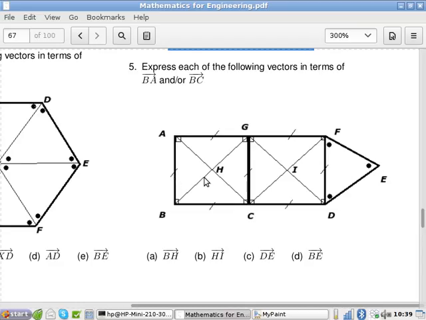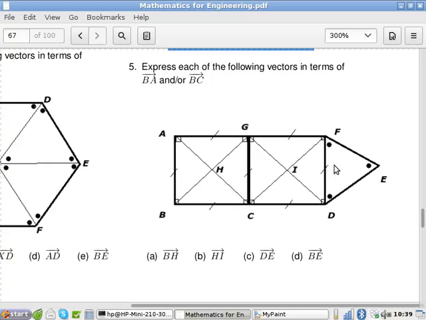So that isn't as bad as it sounds, because D to B is minus what? 2 BC. And then here to here is half BA. What about here to here? 2 BC. Yeah.